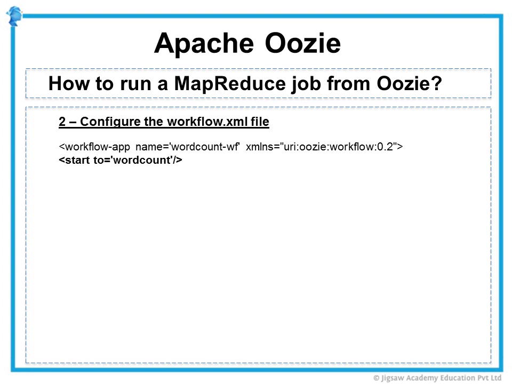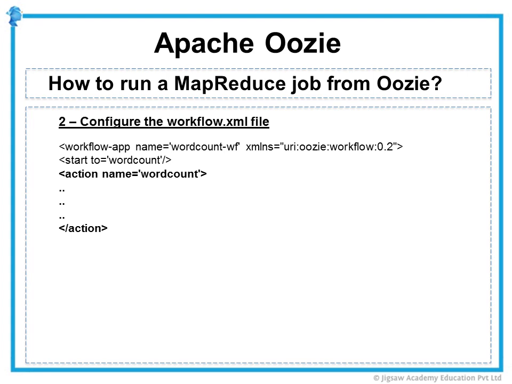The node specified in the start is basically an action node. Remember, we mentioned that the action node is a node which runs a particular computation task like a MapReduce or a Pig script. So in order to define an action, we use code like this, right? You use the action element and you provide a name to the action element.